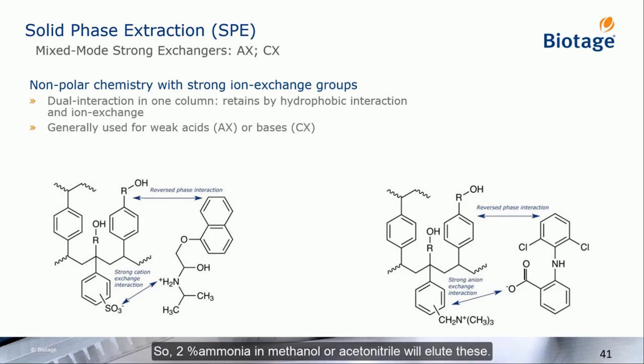So 2% ammonia in methanol or acetonitrile will elute these. So they work really well, but if you do have pH sensitive compounds, then you can obviously have a slight problem depending on which way that is. Likewise with the quaternary amine, you're interacting with your carboxylic acid. Elution is performed by neutralizing the acid group, 2% formic acid in something like methanol.